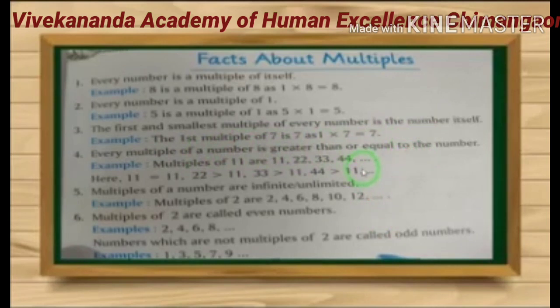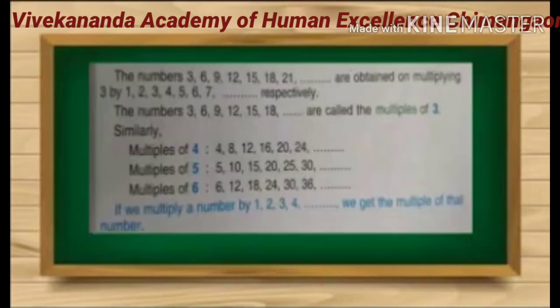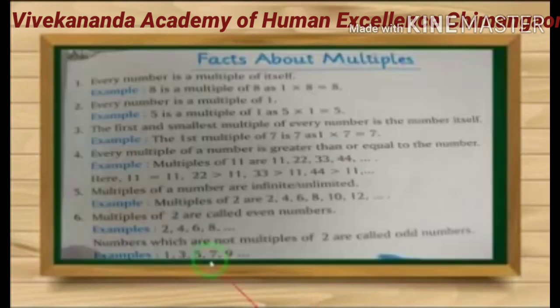Also, multiples of 4 are 4, 8, 12, 16, 20, 24, and multiples of 5 are 5, 10, 15, 20, 25, 30. If you observe, every multiple of a number is greater than or equal to the number. Here 4 is equal to 4, 8 is greater than 4. So we say that every multiple of a number is greater than or equal to the number.